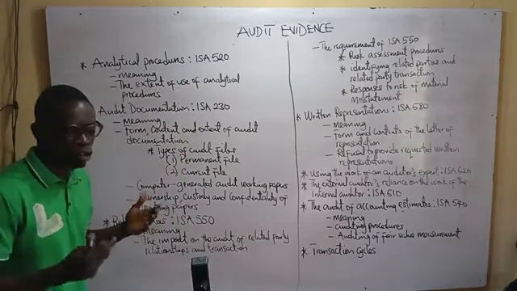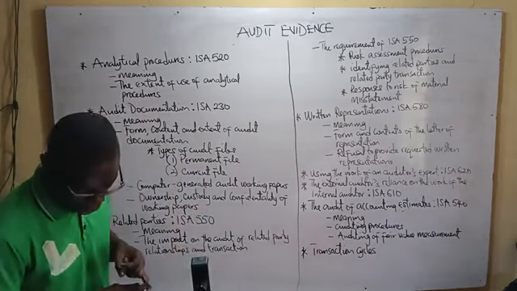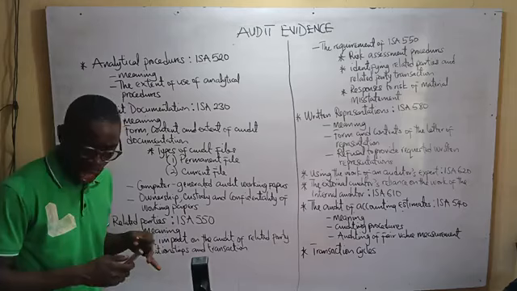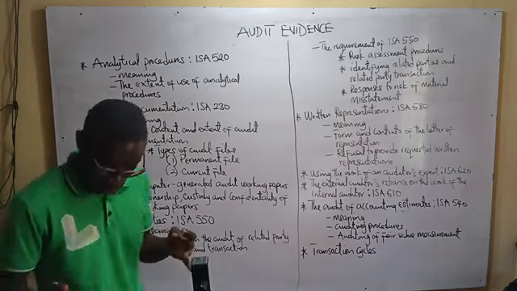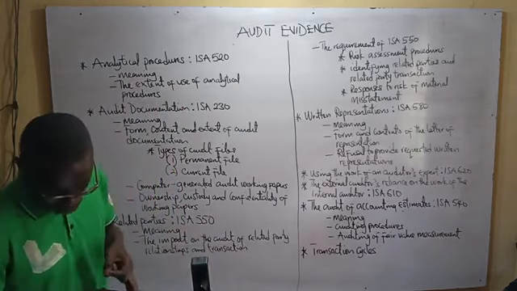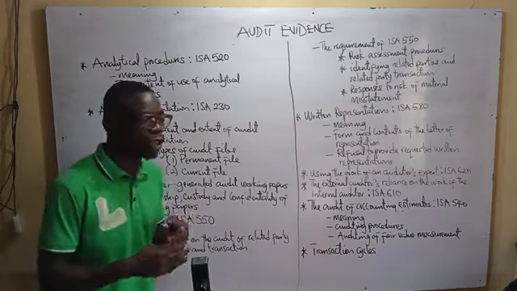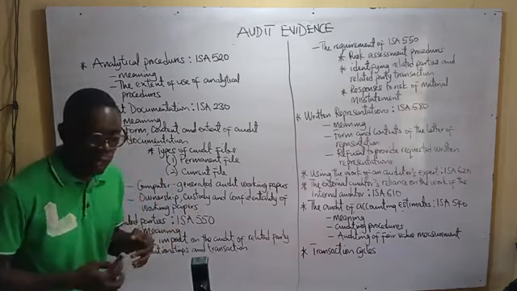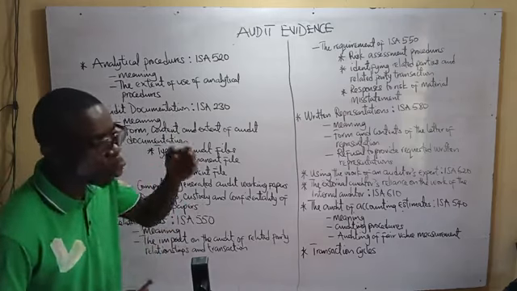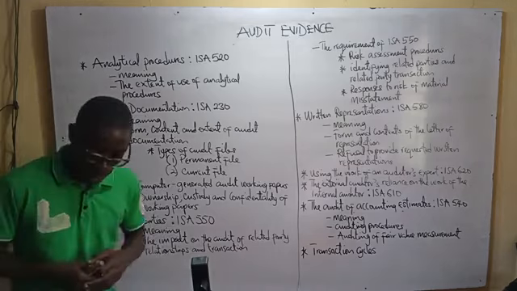The legal constitution of the company is going to be in the permanent file. Legal documents, maybe they obtained a loan, are going to be in the permanent file. The summary of the history of that organization, and the ownership, who owns the organization now, is going to be in the permanent file.